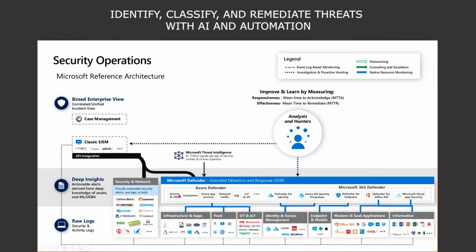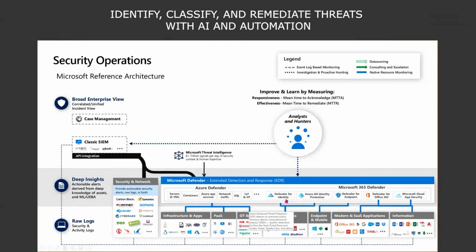We don't have much space on the slide to put all the Azure Defender technologies. And we have the Microsoft 365 Defender. The 365 Defender comes packaged into the Microsoft 365 E5 suite, or E3 with the security add-on.